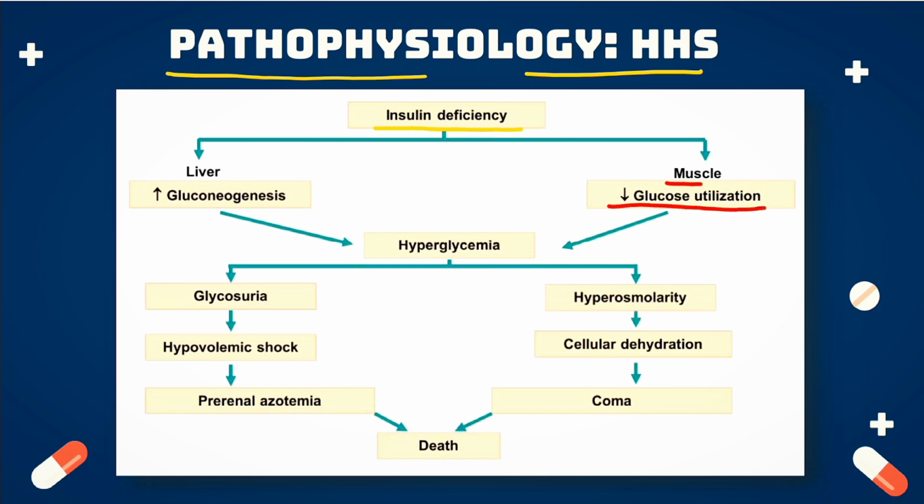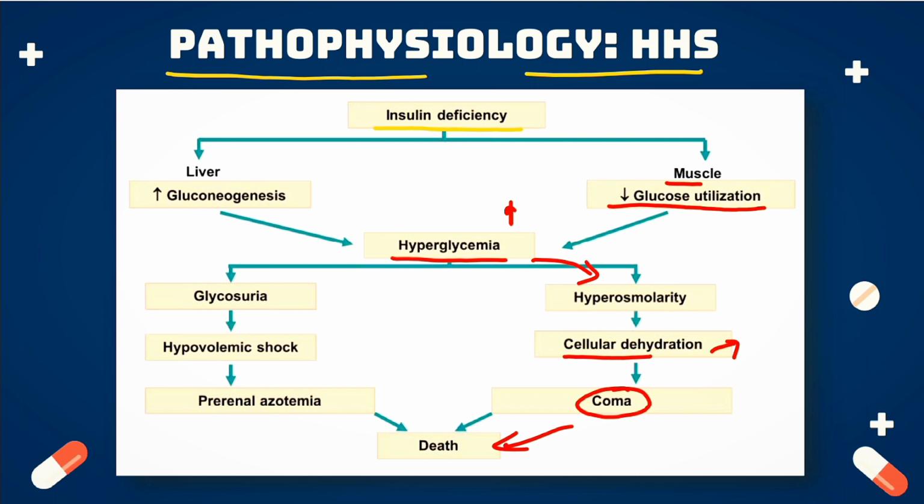As the glucose is not getting utilized in the muscles, this will increase the level of glucose in the blood, and this will lead to hyperglycemia. And this hyperglycemia will lead to hyperosmolarity. This will increase the osmolarity of the blood, and this will cause cellular dehydration because the water is getting secreted out of the cell, and this will lead to a coma like condition, and ultimately death can occur.